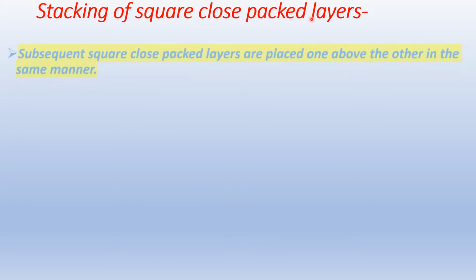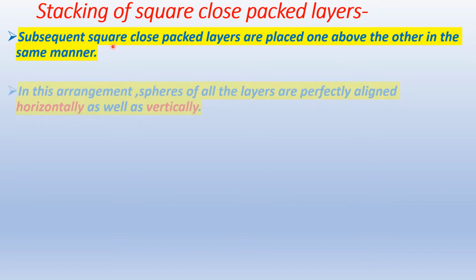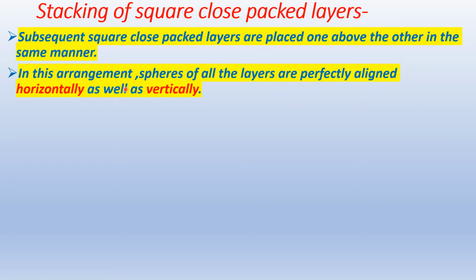Next, we continue discussing the stacking of square close packed layers. In square close packing, the subsequent square close packed layers are placed one above the other in the same manner. In this arrangement, spheres of all the layers are perfectly aligned horizontally as well as vertically.